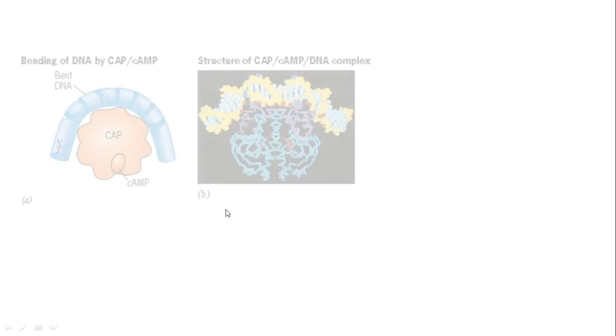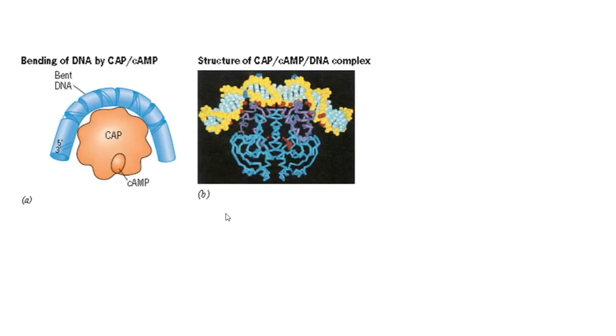Now let's move into some details. When the Lac operon is being expressed, the binding of the CAP-cAMP complex is very important, no doubt. So how does this CAP-cAMP complex interact with the DNA?